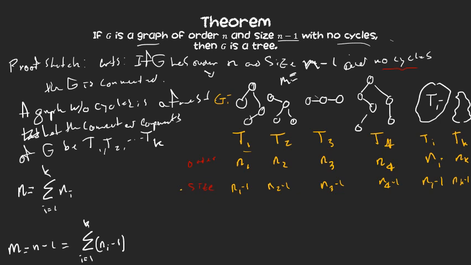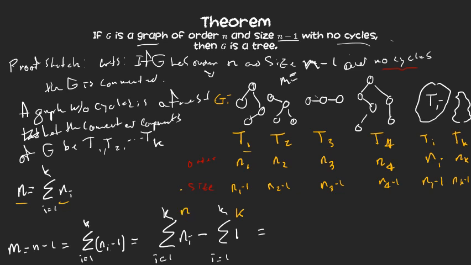And let's just work out that sum. I'm going to split it up. This is the sum from i equals 1 to k of n sub i minus the sum from i equals 1 to k of just 1. Well, that sum is k, right? I'm just adding up 1 k times, so that's just k there. So this sum is k, and then this sum here is n.